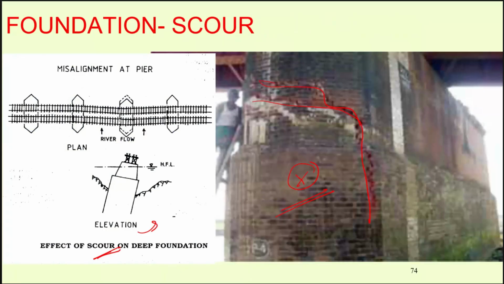Now what are the other things? If there is scour below and the girder is leaning, then there is a possibility of lateral sway also. So this needs to be seen and correlated, and then you have to take a call whether it is a problem of the masonry, a problem of the foundation or something else.